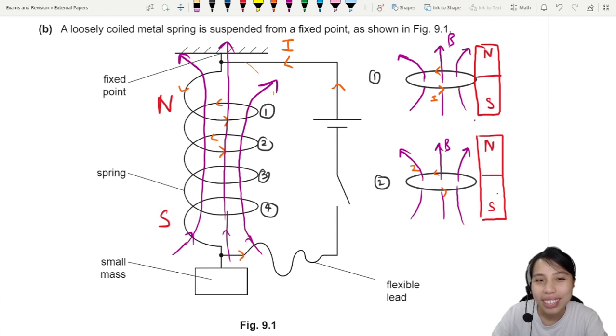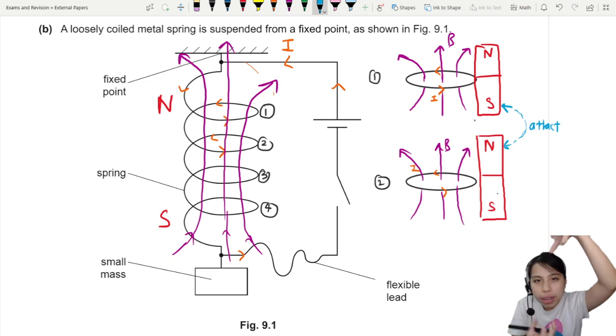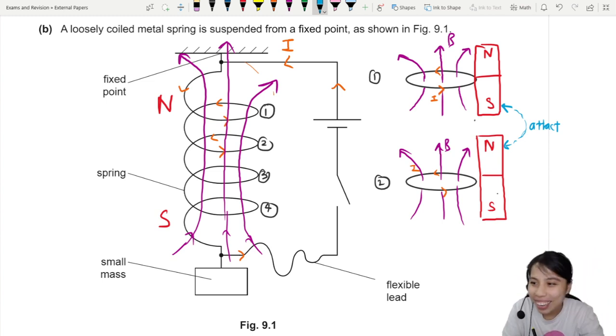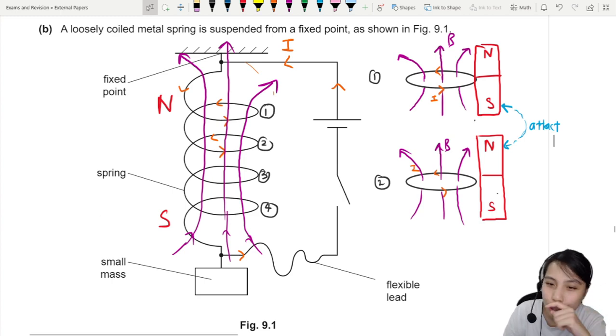These two will attract because north and south, these south and these north will attract each other. So every single loop is attracted to each adjacent loop. And so the overall spring, once there's current going through them, they will compress. They will contract. Okay. We keep that in mind. Contract. So this is one method to get us thinking about it.